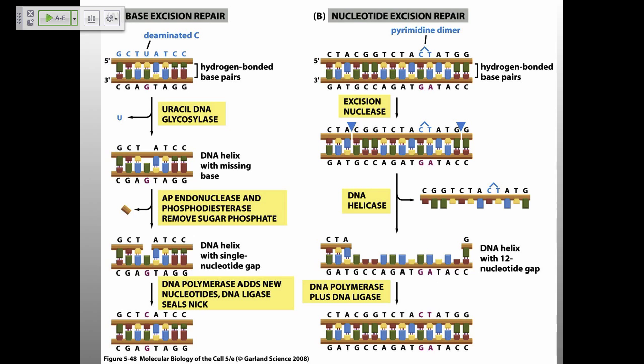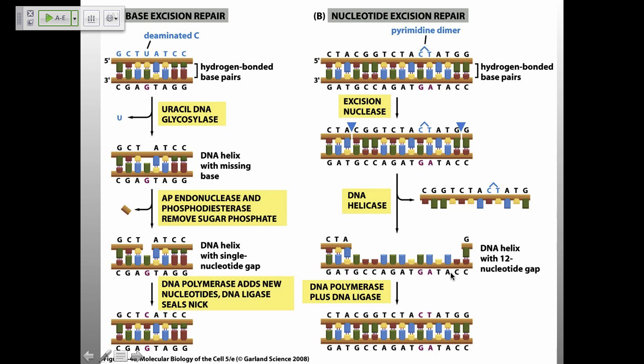That gets detected by various proteins that we'll talk about in just a second, and those then lead to cuts that happen in the strand that has that big change in it. DNA helicase will remove that big piece, and now you've got a gap, a template, a 3' OH. Now DNA polymerase and DNA ligase can fill that in.